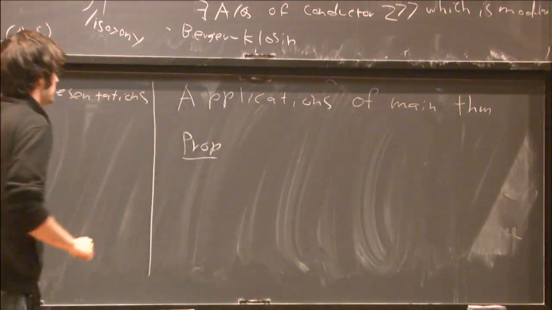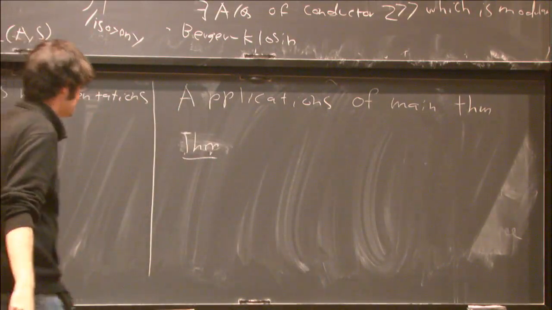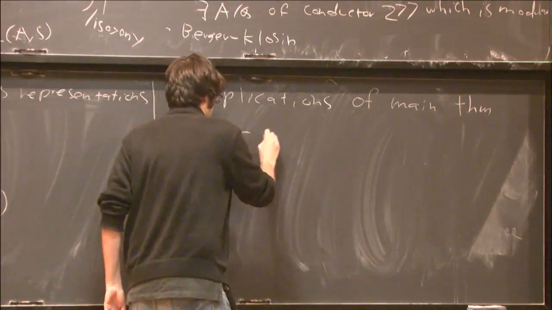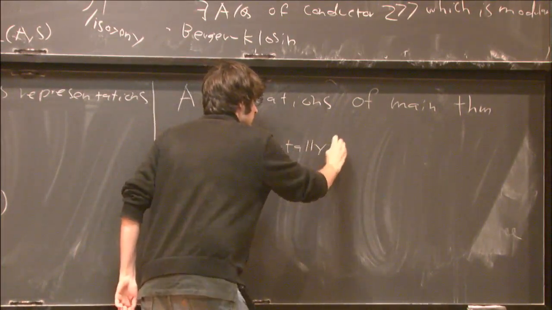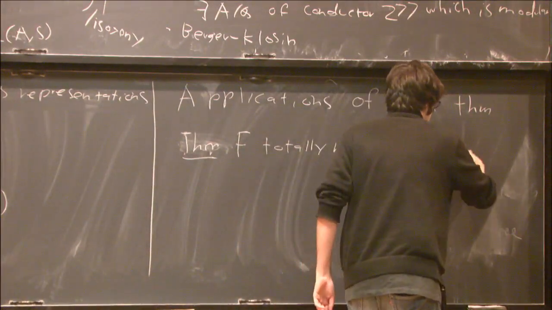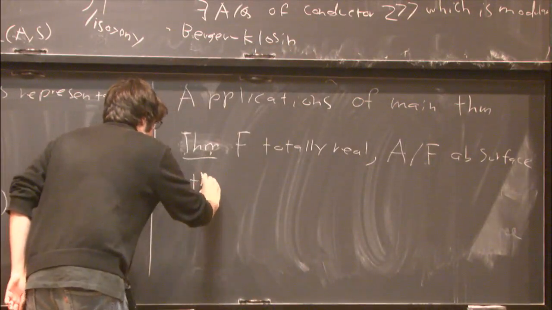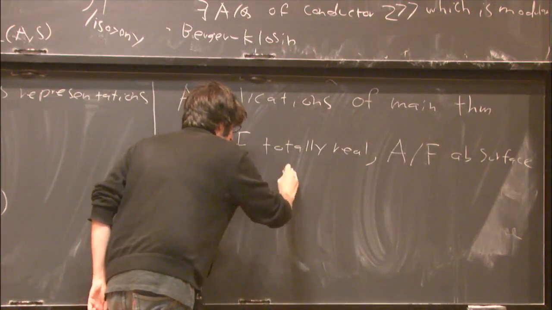The first thing we prove, sorry, this isn't really a theorem, is a potential modularity theorem. So if F is totally real, and A over F is an abelian surface, then A is potentially modular.